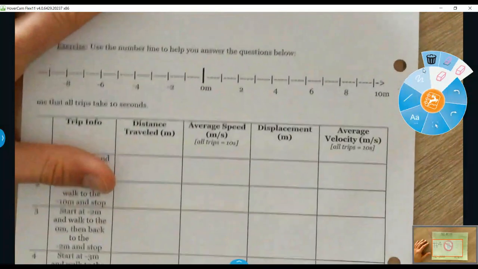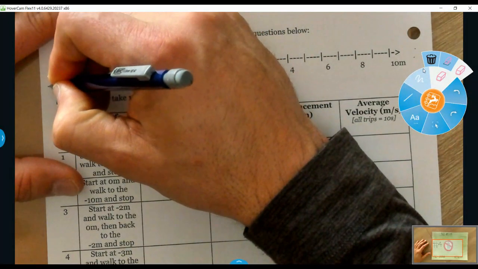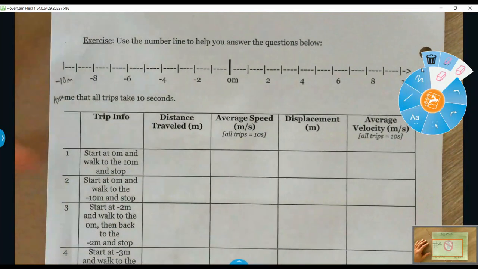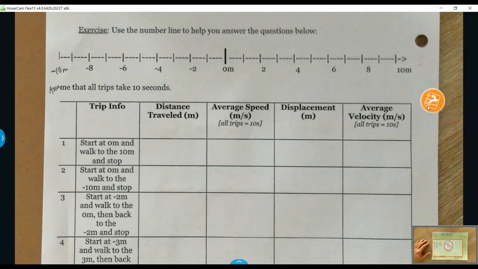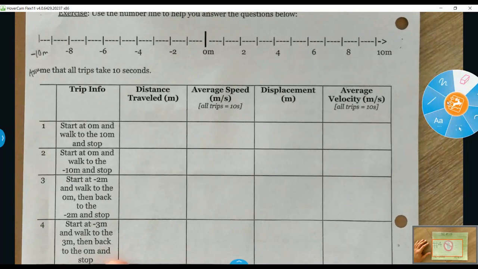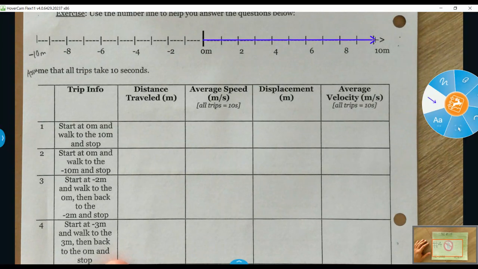Okay, here, this would be negative 10 meters. Sorry, got chopped off. And then it says, assume that all trips take 10 seconds worth of time. All right, so first one, super quick, super simple. You start at 0 and you walk to positive 10.